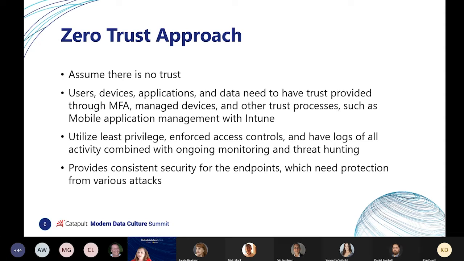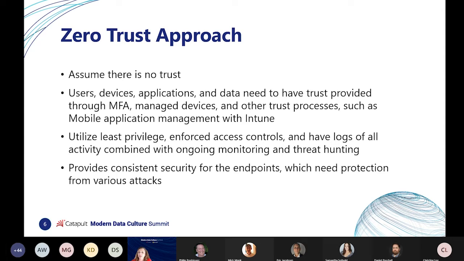We'll want to enforce access controls at various levels for users, for privileged users, for services, for applications, at the various levels of our architecture that is designed to meet the different business needs and protect our data and our business assets. And then we're going to want to have logs of all the activity.